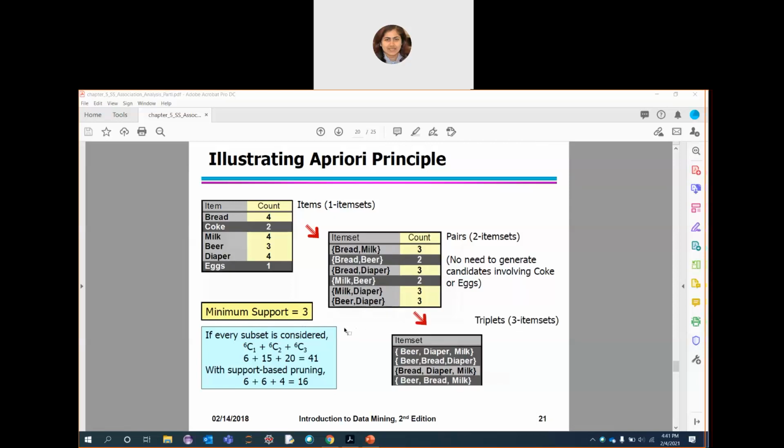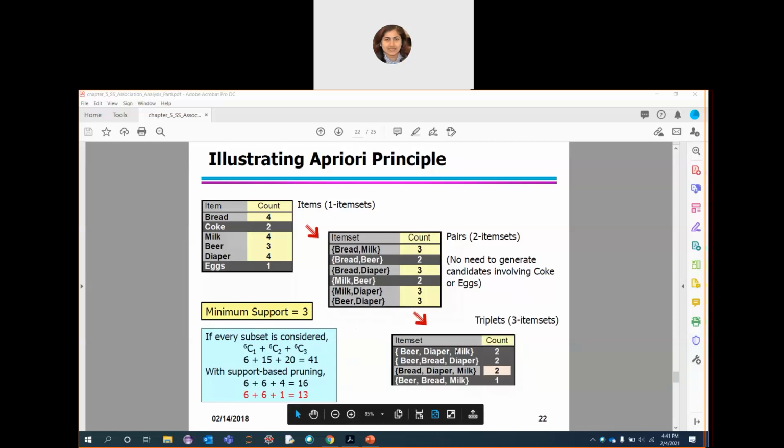After they are pruned, next you have to decide the 3 item sets, the 3 candidate item sets. So here you have the 3 candidate item sets. Now, if you again consider those 3 candidate item sets, for each set compare with the first, initial table and find out the support count.